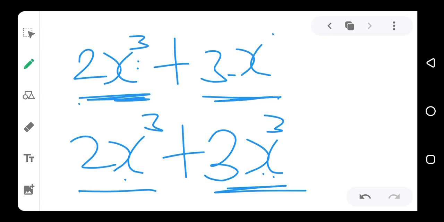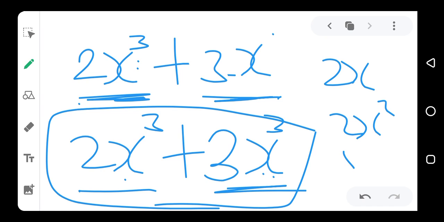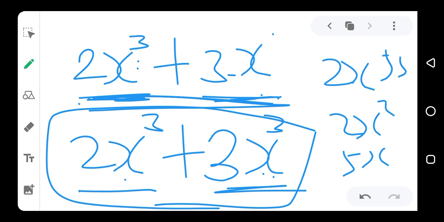If the variables and the powers are the same, then we can add them up to become one term, and one term is a monomial. Example of monomial is if you have 2x raised to power 2, 5x or 5b, just one term is called a monomial. Now two terms like this one is a binomial.